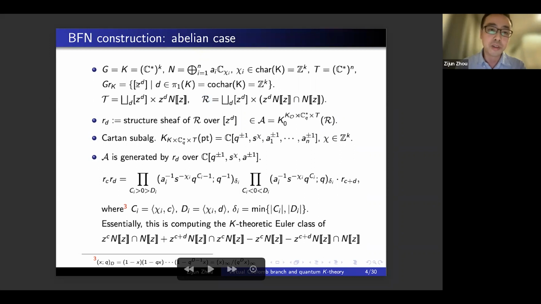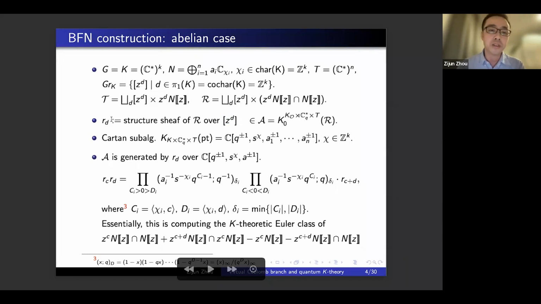So over each point, Z to D, this space R is just an infinite dimensional vector space. So you can see that its K theory is generated by these structure sheaves of the fibers of R over these points in the affine Grassmannian.